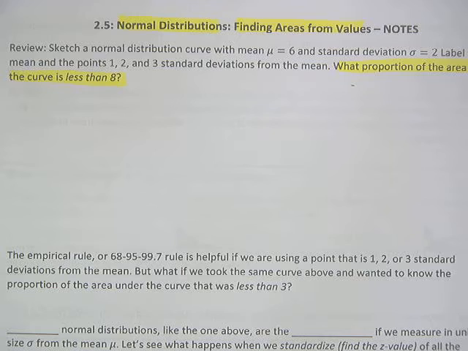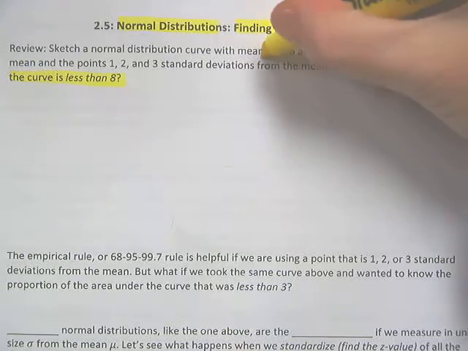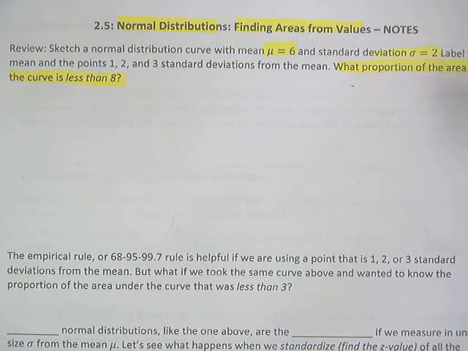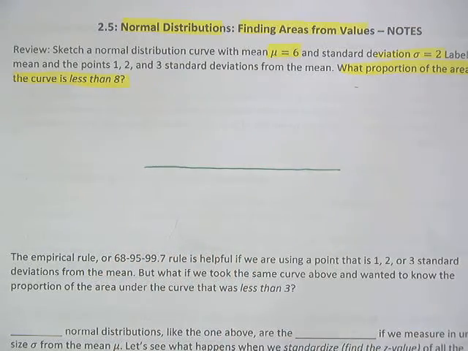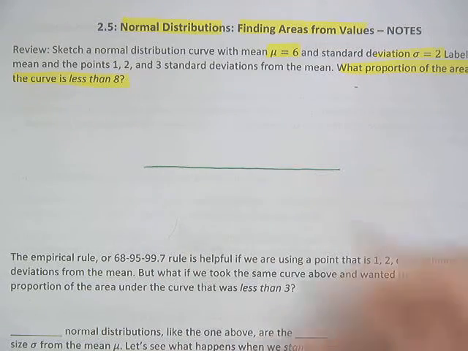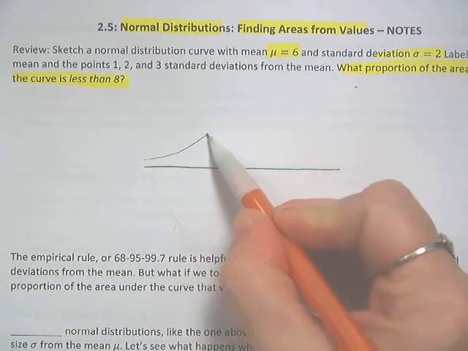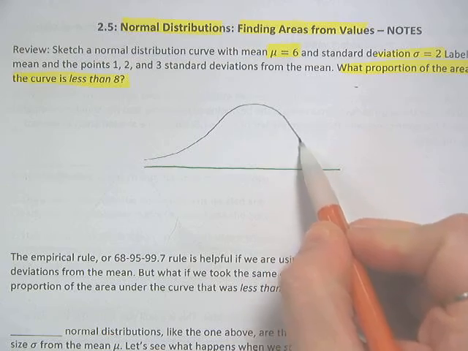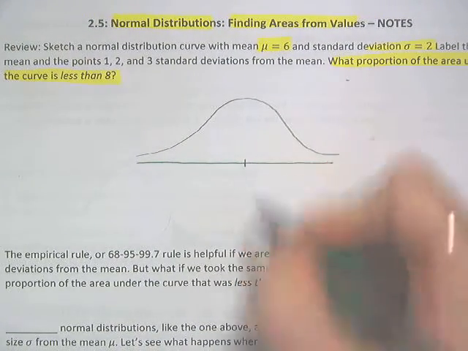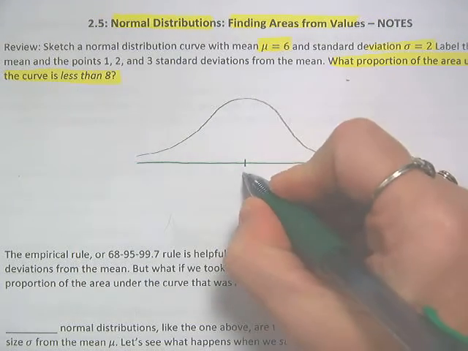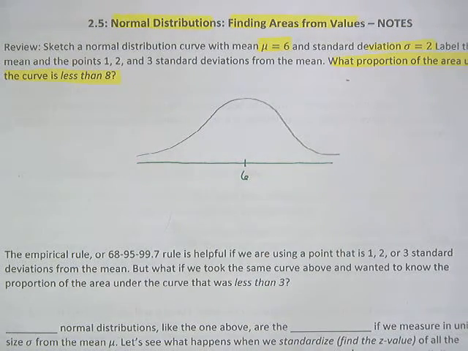If you're reading this, it says to sketch a normal distribution curve with a mean of 6, standard deviation of 2. If you've been doing your homework, you've been having plenty of practice drawing these. So you're going to draw your horizontal axis. You're going to get your normal curve, which is a bell-shaped, single-peak, symmetric curve. Mu is 6, so the mean is 6. That's going to go in the middle.